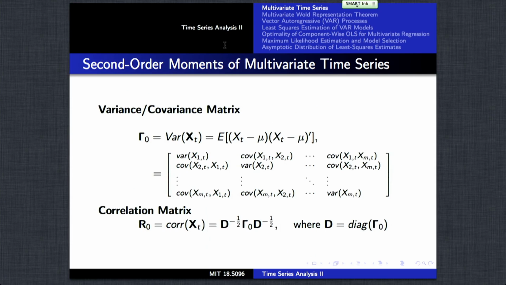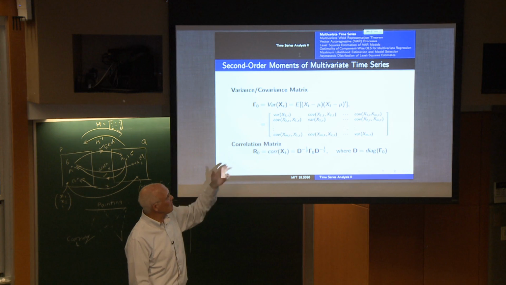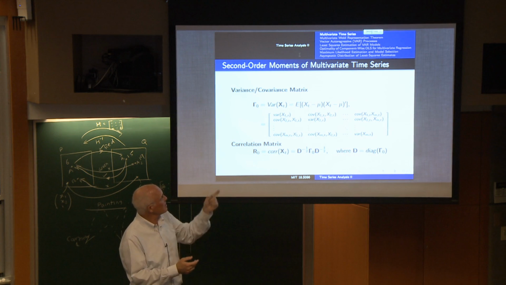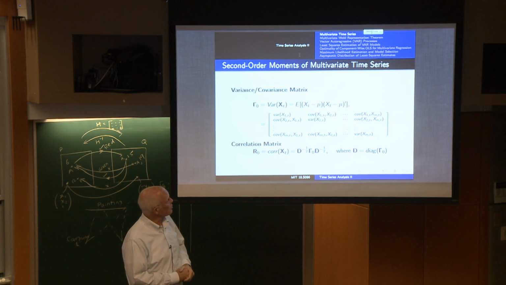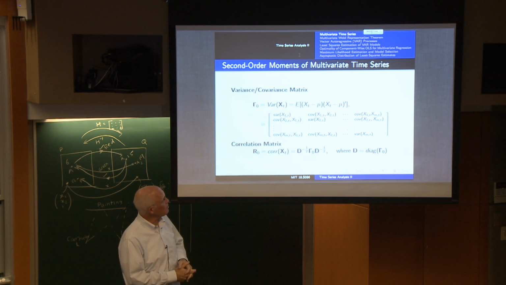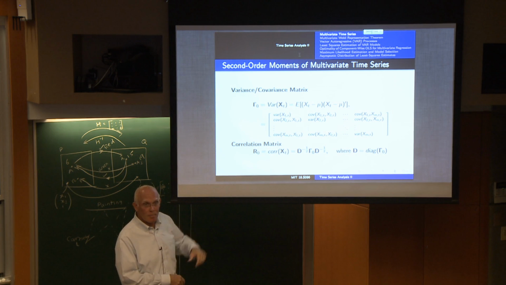Then for the variance covariance matrix, let's define gamma 0 to be the variance covariance matrix of the t-th observation of our multivariate process. That's equal to the expected value of (x_t minus mu)(x_t minus mu) prime.